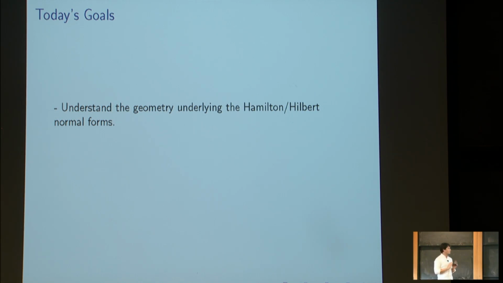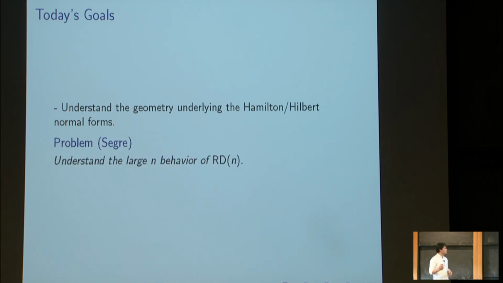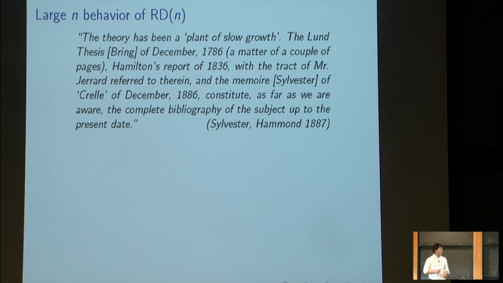There's some very rich varieties that show up in the process of writing down these formulas, and it's worth explaining where they come from. But this all takes place in the context of a problem first formulated by Beniamino Segre, and he said, can we just understand how this number grows as n gets large? And so this is a contribution to that, where we can at least put upper bounds on the rate of growth. All right.